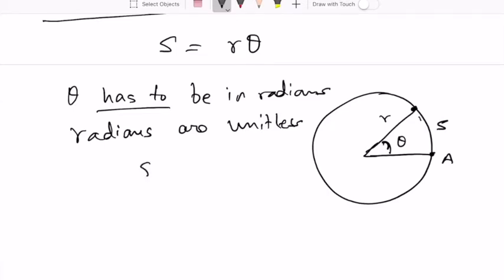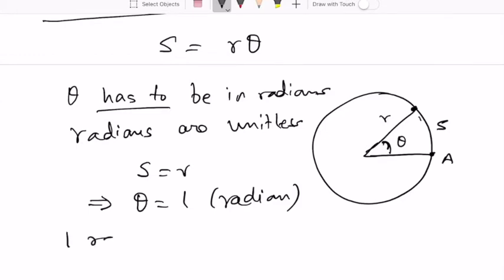So in that case, S is equal to R, right? And from the arc length formula, if S is equal to R, that would mean theta is equal to 1 radian. And that is pretty much the definition of a radian. So a radian is the angle subtended by an arc which is equal in length to the radius of the circle.